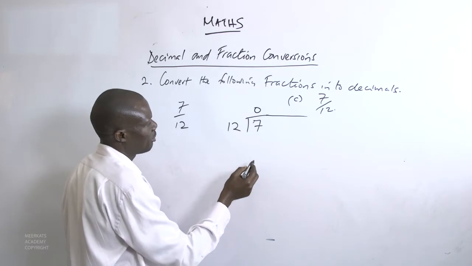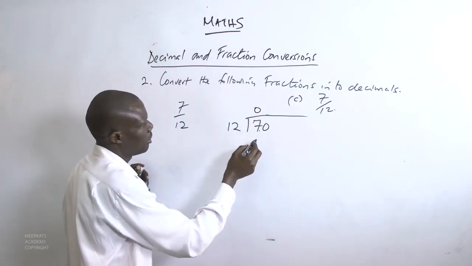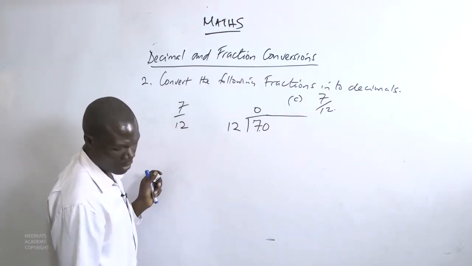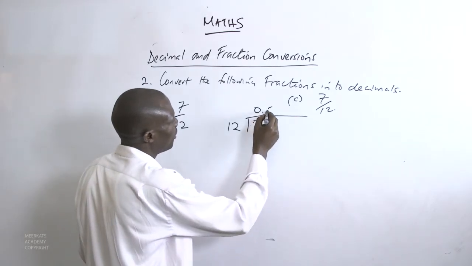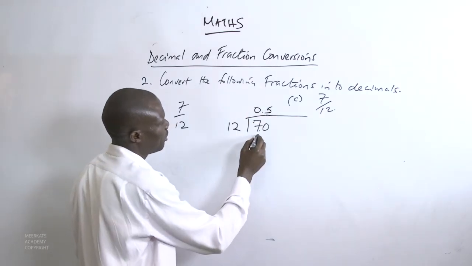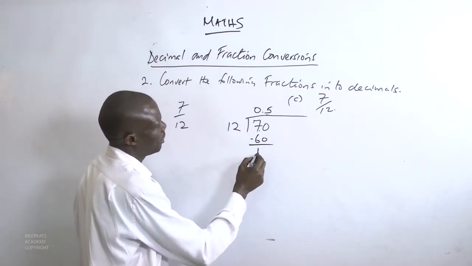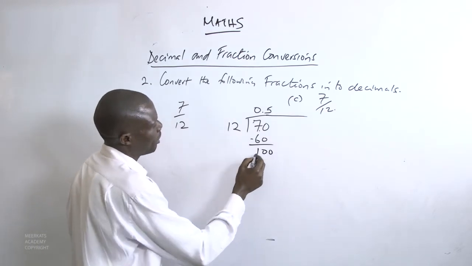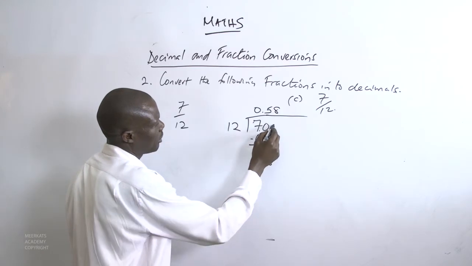You'll find that 70 divided by 12, you'll get 5, which gives us 60. When you subtract, you get a 10. You bring another 0, you'll get an 8, which gives us 96.